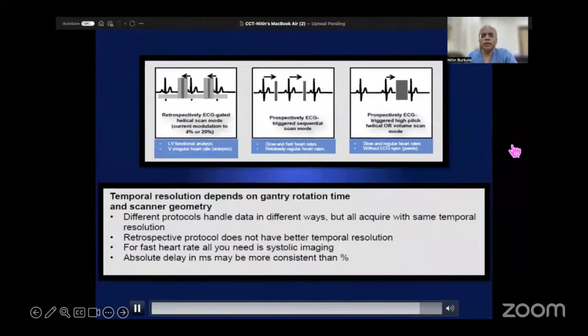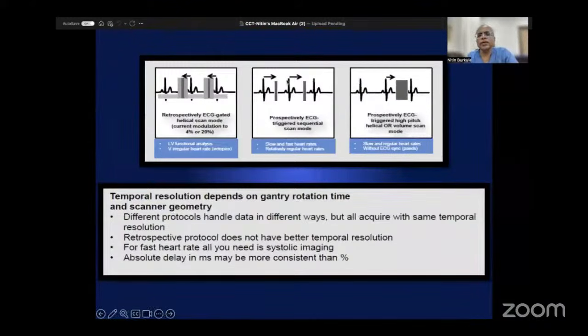if we look at the different ways of scanning for CT coronary angiograms, this is the retrospective ECG gated helical scan mode with current modulation. That means you are increasing the X-ray beam strength only in the late phase of diastole, and along with your imaging window period, you also have a time on either side, which is called padding.